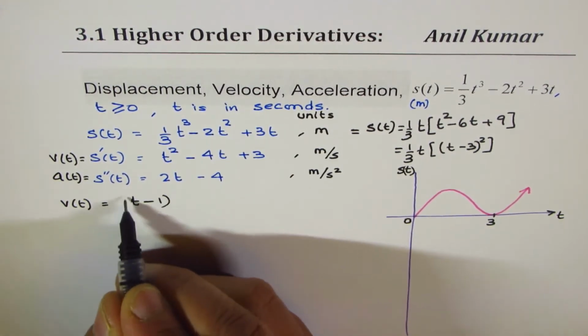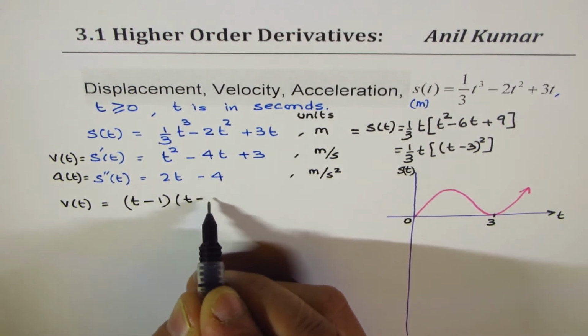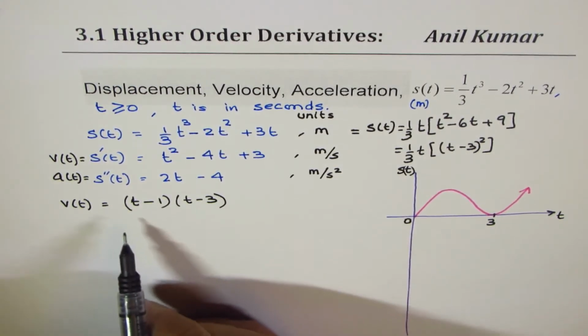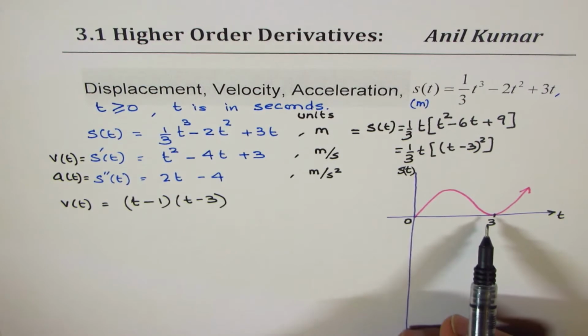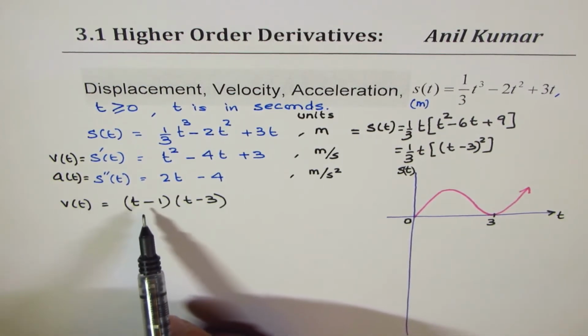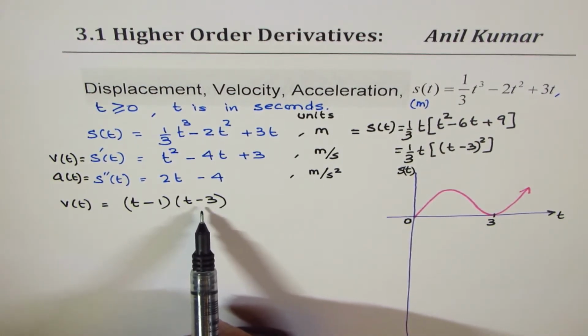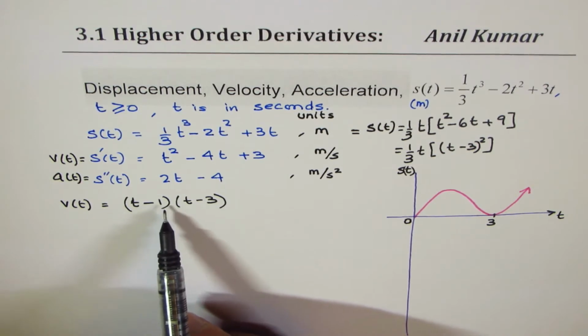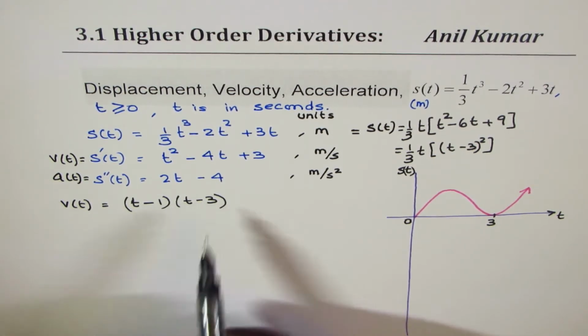So it is (t minus 1) times (t minus 3). So the velocity graph, if I want to sketch here, will have two zeros. One zero will be at t equals 1, the other one at t equals 3.